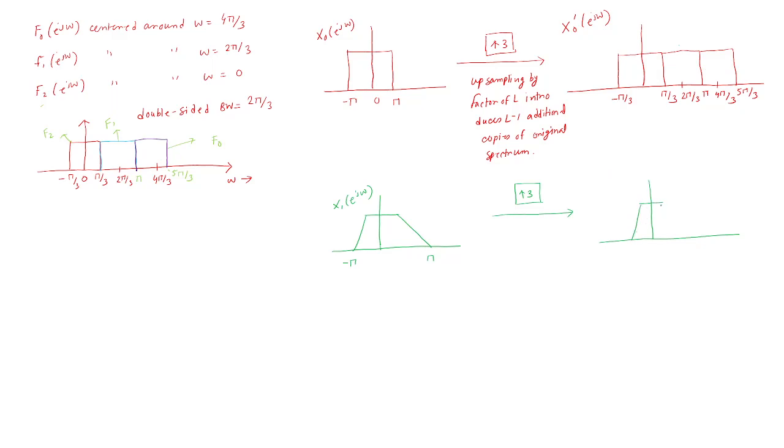So similarly here also, your bandwidth is contracted, and so are your spectrum edges, and there is an introduction of 2 additional copies at 2 pi over 3 and 4 pi over 3.